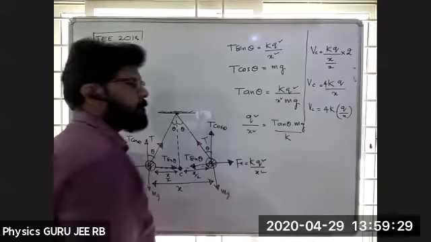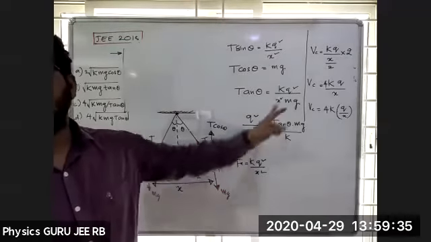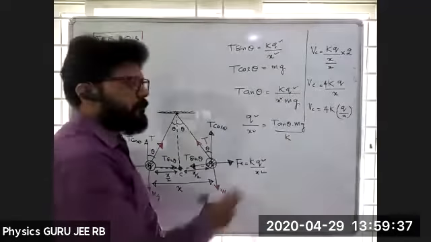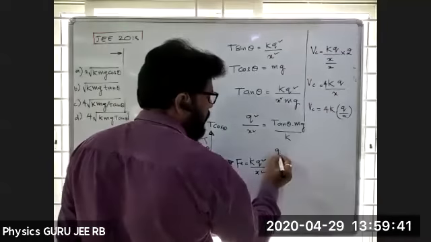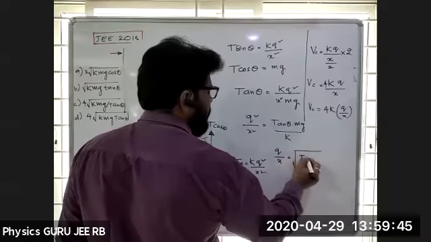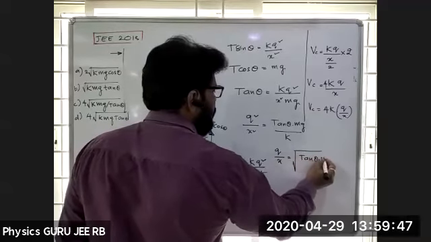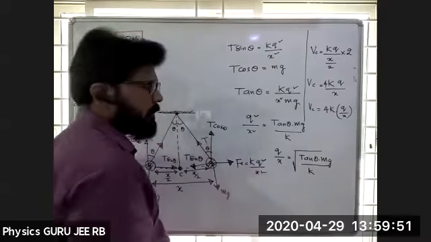Then q by x can be written as under root of mg tan theta divided by k. So here q by x is equal to under root of tan theta into mg divided by k. Till here, does anybody have any doubts?